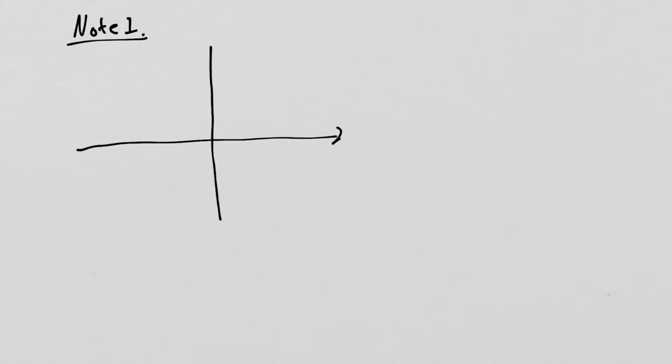Note number 1. Again, the sign of your trig functions is determined by where your terminal point is on the Euclidean plane, whether it's in the first, second, third, or fourth quadrant. Another way to remember this is by the following memory device. All students take calculus. And what this is saying is that all trig functions are positive in the first quadrant.